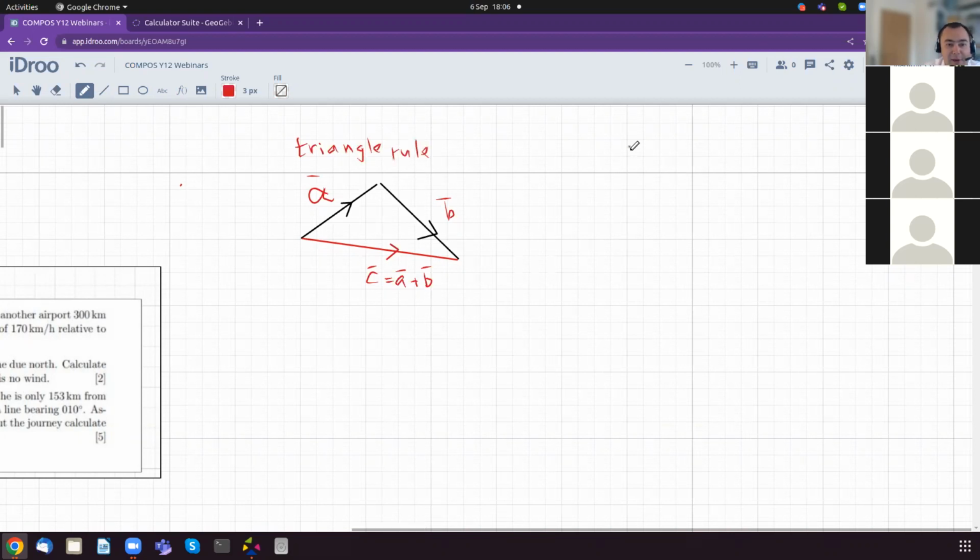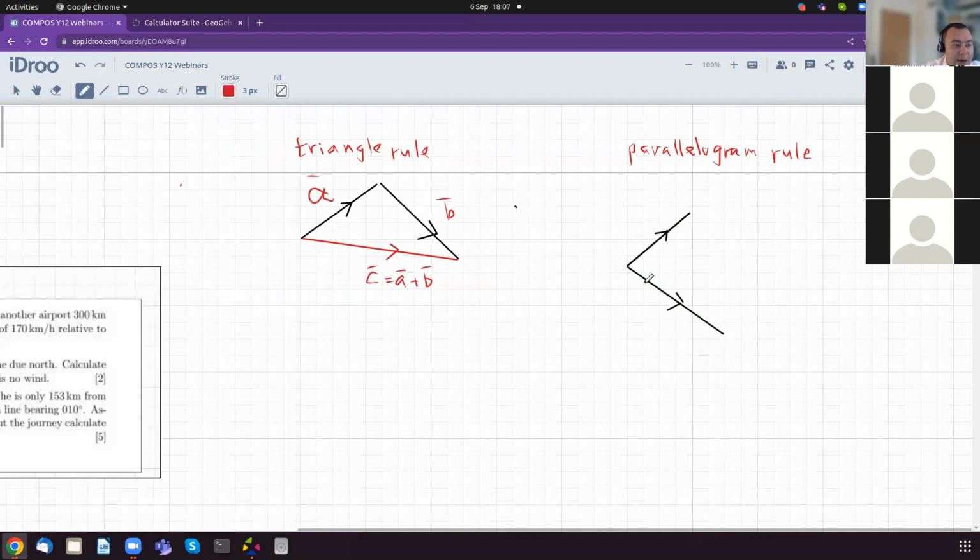And we have the parallelogram rule. In the parallelogram rule, you have vector A, so let's use the same vectors, A and B. You don't draw vector B from the end of vector A, but rather from the beginning of vector A. So you draw vector B like this.